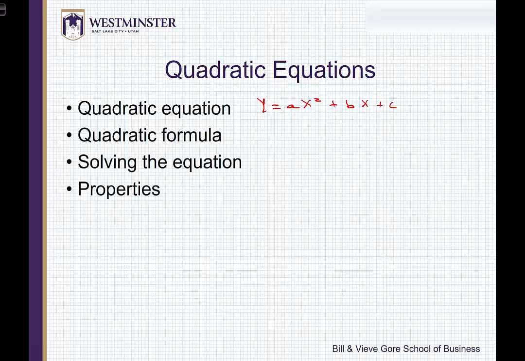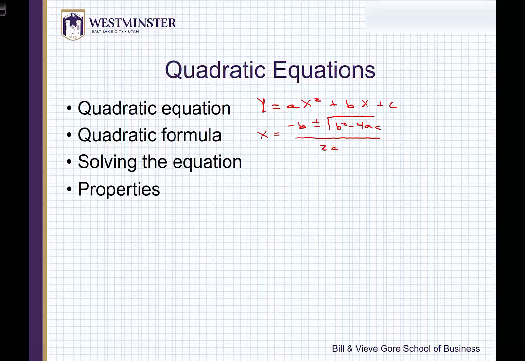These become important as we apply the quadratic formula to this equation so that we can solve for values of x. The quadratic formula, of course, is x is equal to negative b plus or minus the square root of b squared minus 4 times a times c, all of that divided by 2a.